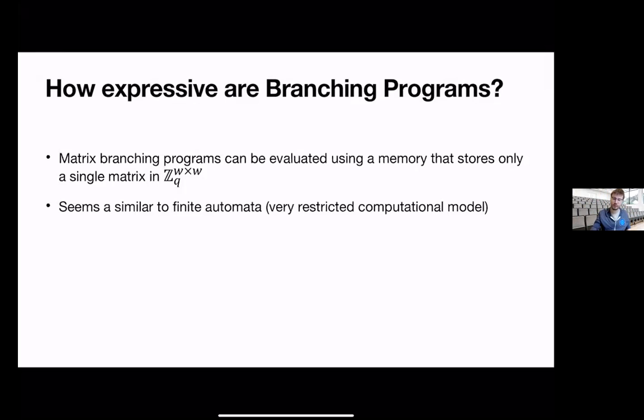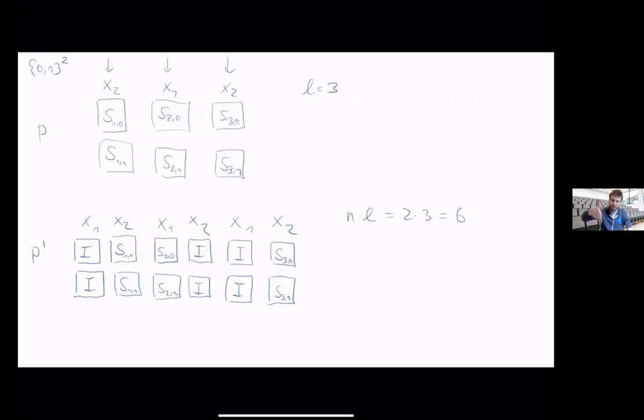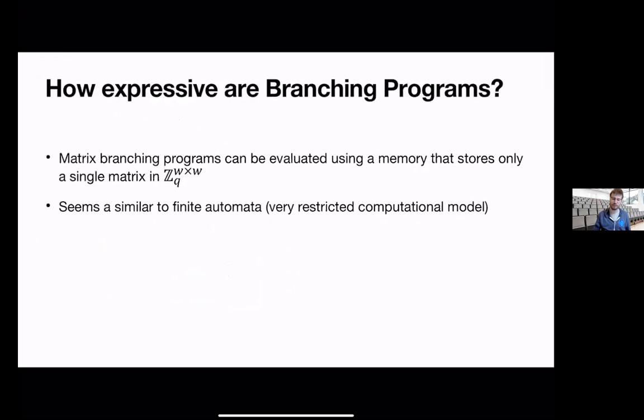So when you walk through the input, at each point you just have to remember a single matrix, then multiply another matrix on top, and go on, right?